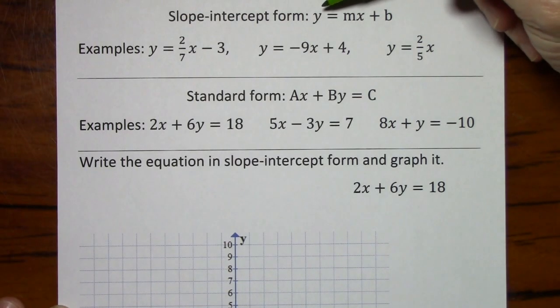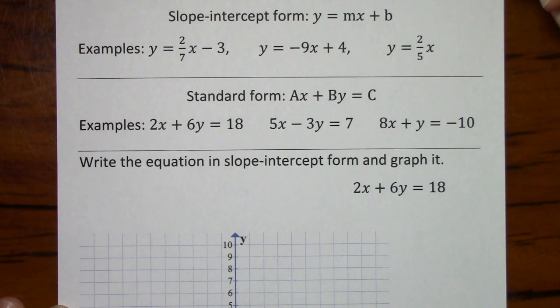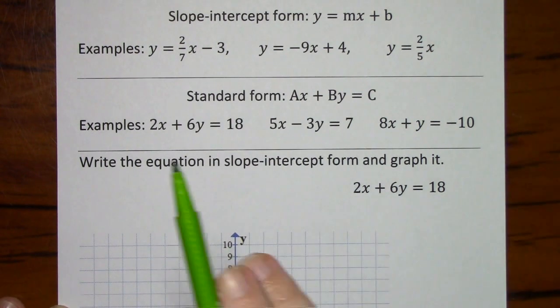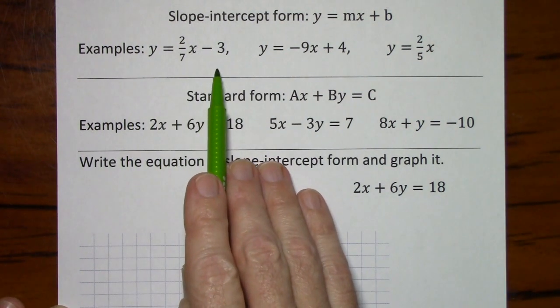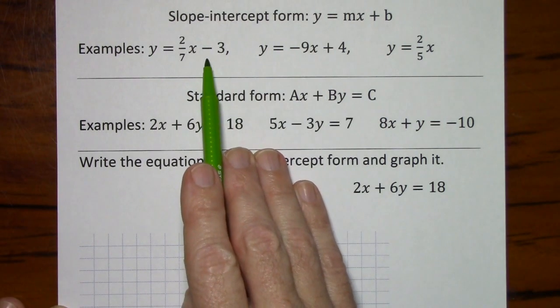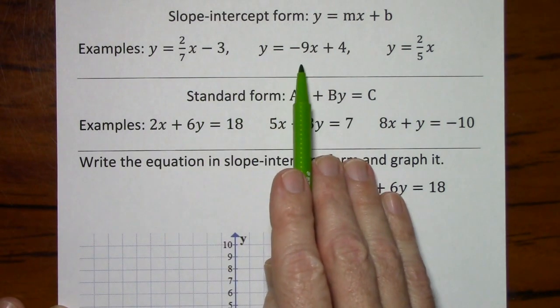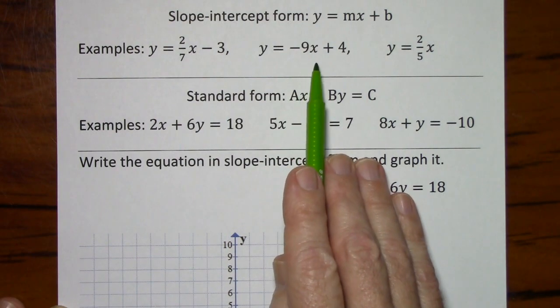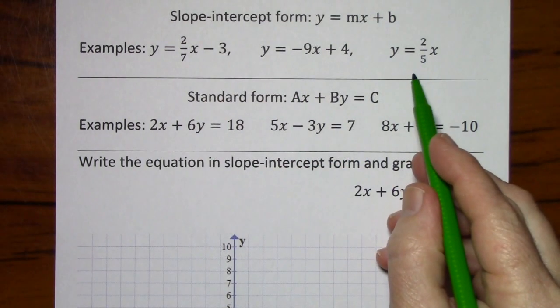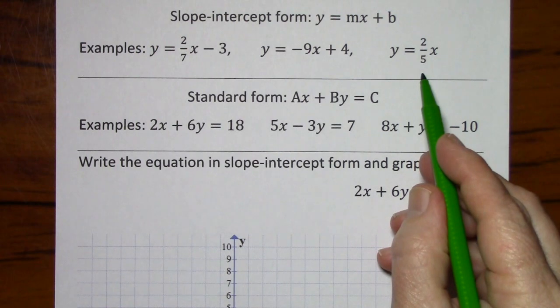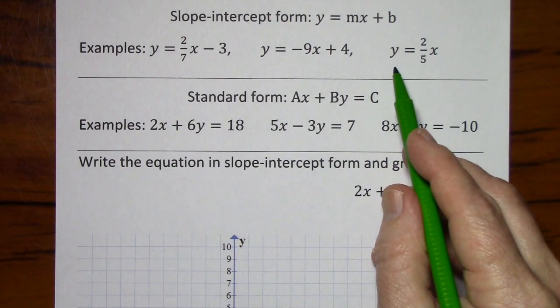So slope-intercept form is usually represented as y is equal to mx plus b. Remember I said m often represents slope, and in this case b is used to represent the y-intercept when x is 0. This equation is in slope-intercept form. Even though it has -3, that's fine. This equation's in slope-intercept form. Even this equation is in slope-intercept form. That is, it's solved for y.